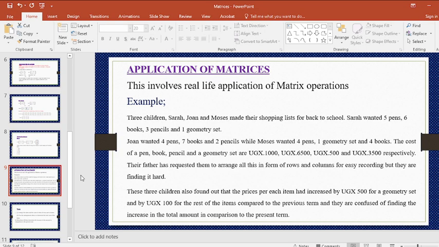So I advise you, the moment you discover that this is item number 3 or item number 4, and you find such information, just know you're going to be dealing with matrices. That's why yesterday I was emphasizing the elements of construct, because you know exactly what you will be answering and in which item.